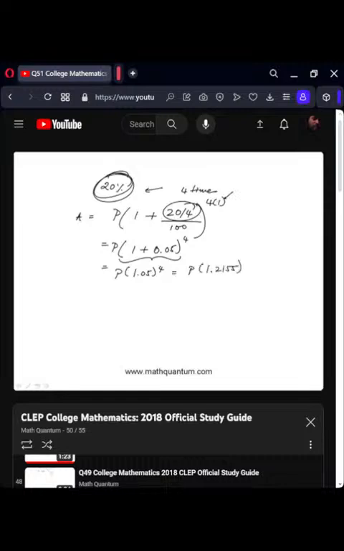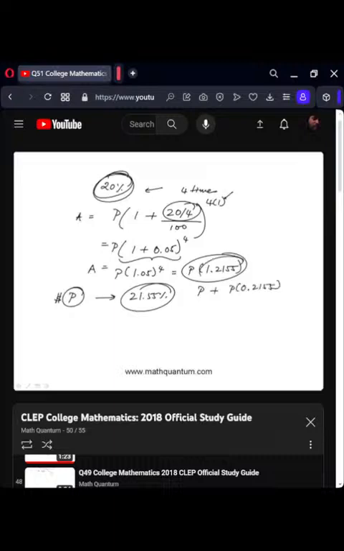That's 1.2155. So what they're asking for is the effective annual yield. Meaning if the amount P dollars was invested, what would be the effective percent change for the whole year? It goes from P to 1.2155 P, which means the percent change would be 21.55%, because this is P plus P times 0.2155.